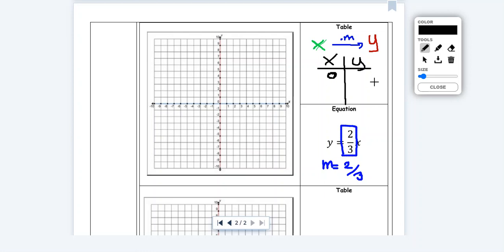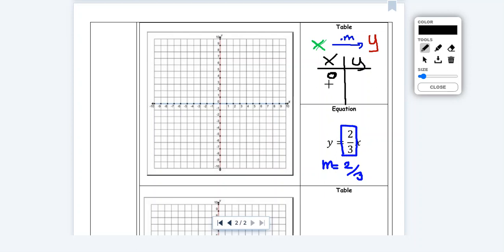Now when I'm picking other points, I want to remember that because I'm multiplying by a fraction, 2/3, it's essentially the same as dividing by 3, right? Because it's like multiplying by 2 and then dividing by 3. So I want to pick something that's a multiple of 3, something that can be easily divided by 3.